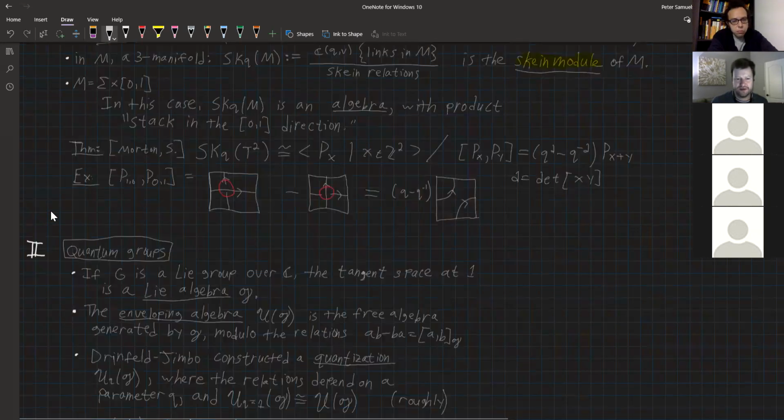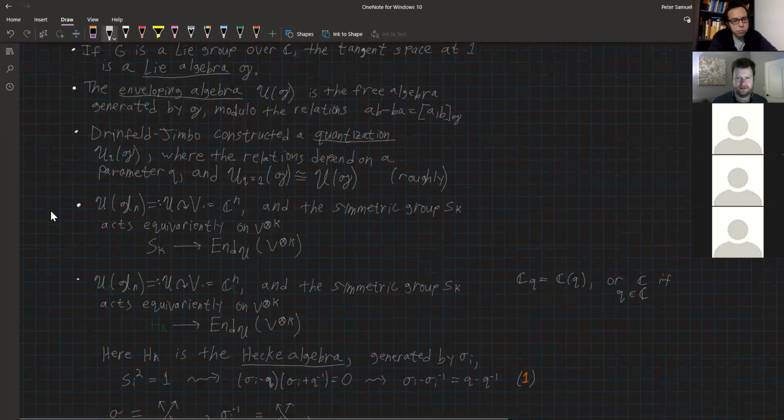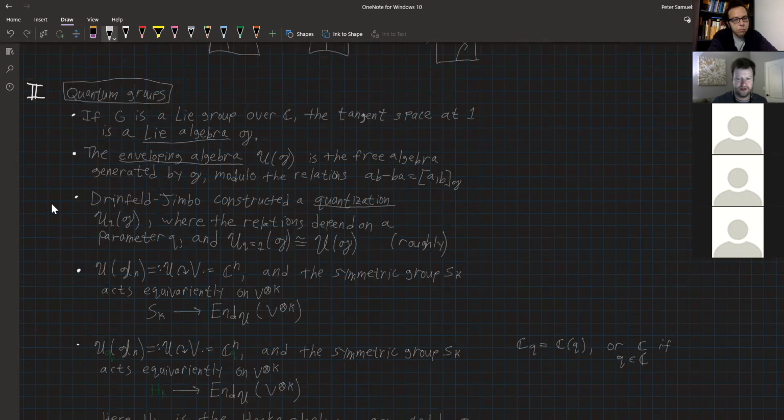So the first one is pretty well known, so I think I'll go through this quickly. The first one comes from quantum groups. So if G is a Lie group, then the tangent space at the identity is a Lie algebra. If you have a representation of the group, you get a representation of the Lie algebra, and that gives you a representation of the enveloping algebra of the Lie algebra.